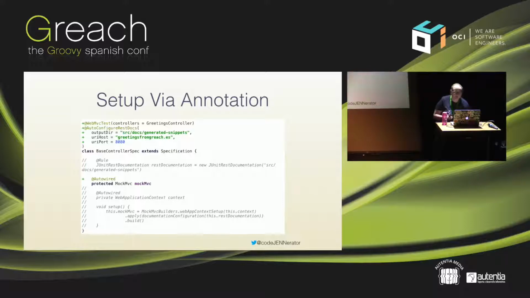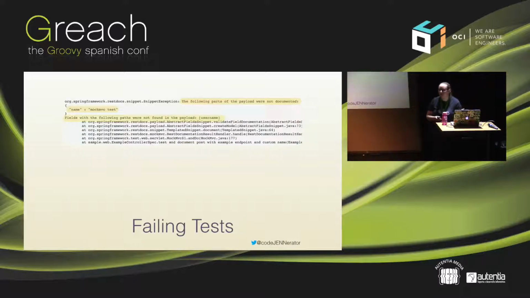Okay. So that covers how to write some of the tests and how to get started. So now that you're probably at the point of actually running them, you'll start seeing some failing tests. And I actually like the output because it's really useful that you get the parts of the payload that were there that were not documented, or vice versa.